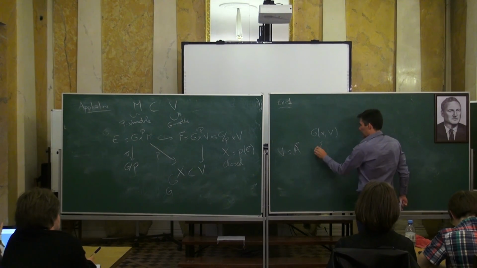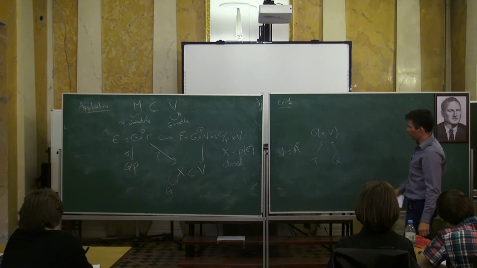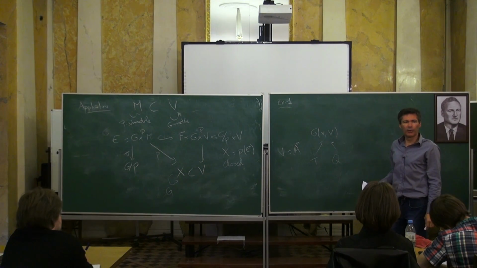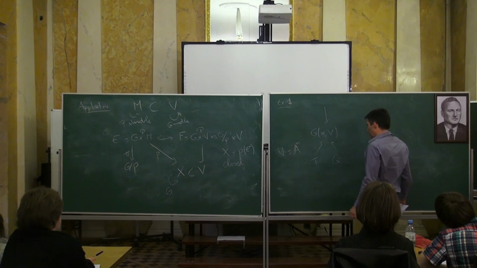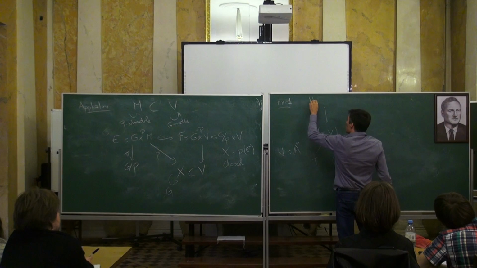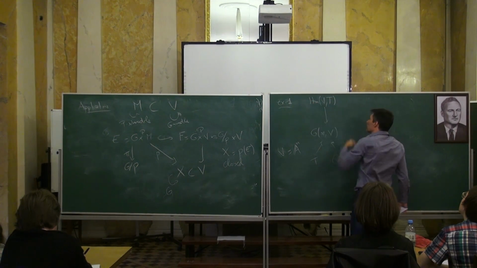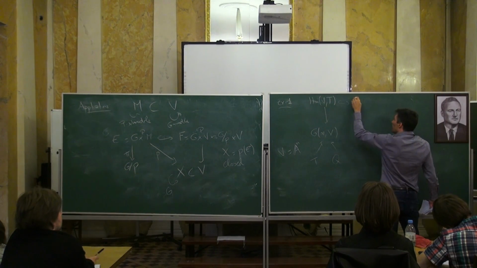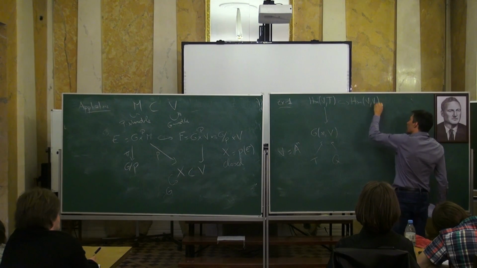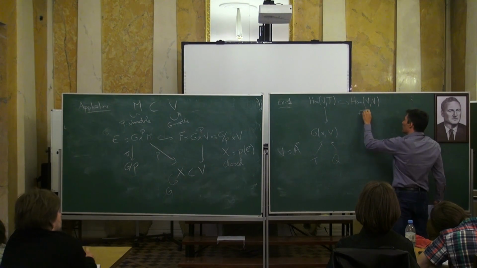So remember that we have the tautological and quotient vector bundle. And here I look at the vector bundle, which is the homomorphisms from V to T. Okay, so which is a subbundle of the trivial bundle homomorphisms from V to V. Space of endomorphisms.